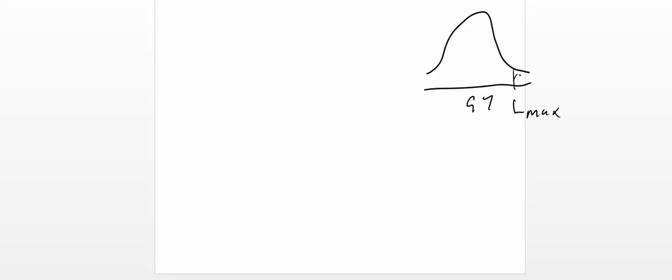I want to find the L max such that only 1% is beyond that point. We don't know L max, but what we want is for the phi of z to be equal to 0.99, because phi of z is always the probability that it's that value or less. So we want to find the z that gives us a phi of z of 0.99.